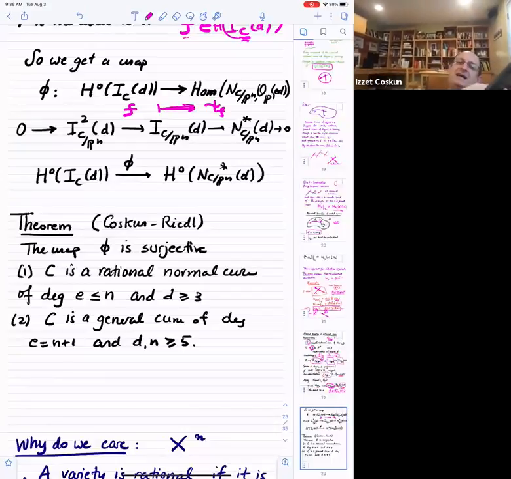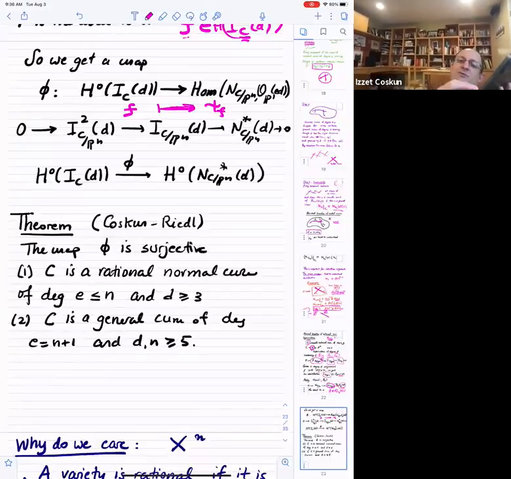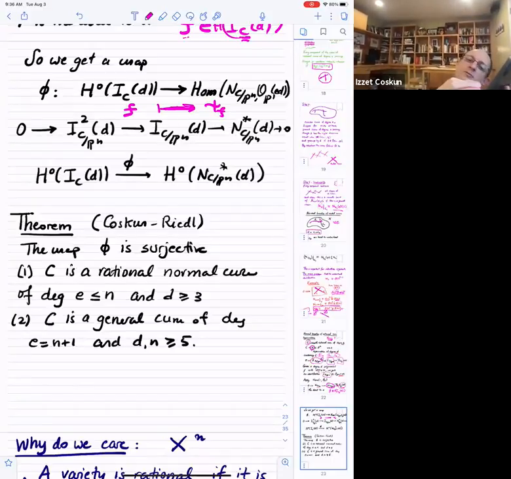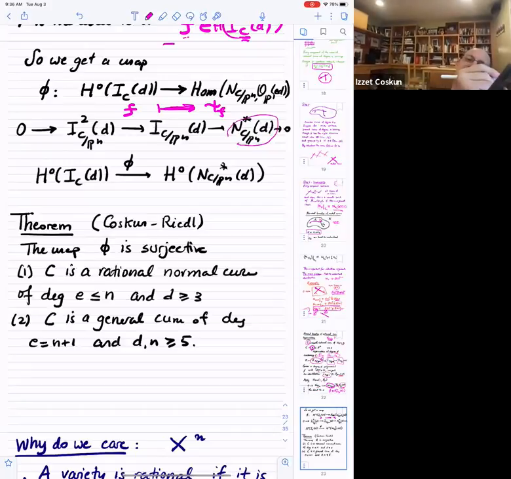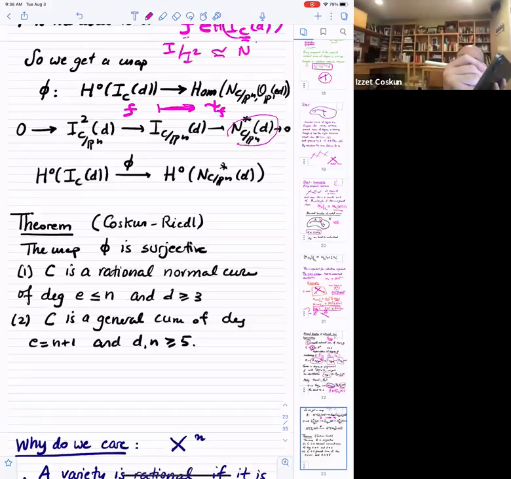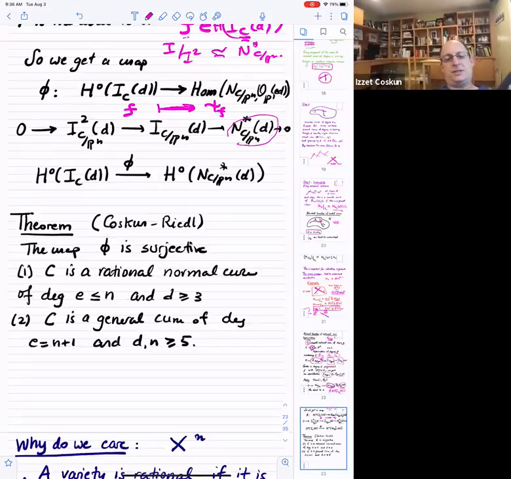I claim that this map is nothing other than what you think it is, right? The way you get the dual of the normal bundle, the way Hartshorne would define it, is that it's I mod I square, right? That's what the normal bundle is. And the way that happens is that you have I squared, the square of the ideal of the curve in Pn in degree D, maps to the ideal.